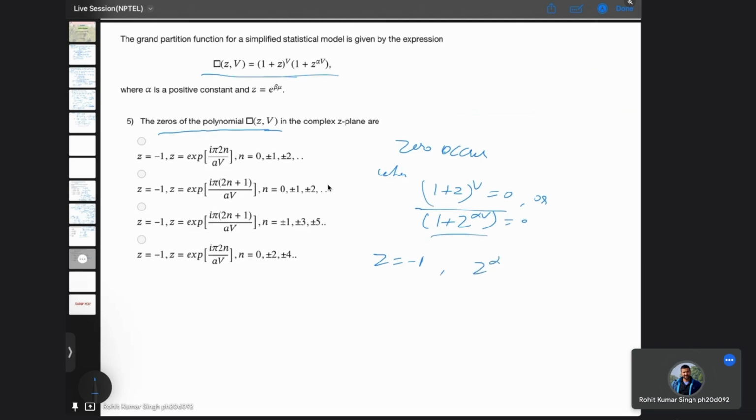Now solving for this, z is equal to, so this will be -1 at many instances given by this periodic function where n is equal to 0, -1, -2, right?